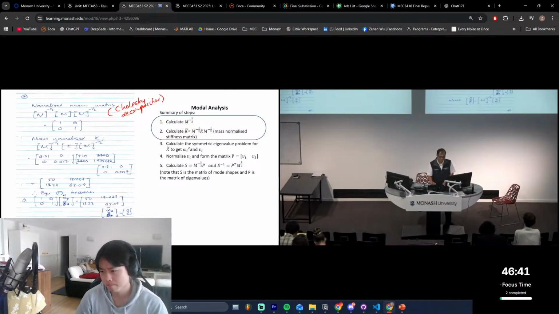Now, this also requires us to calculate the mass normalized stiffness matrix, which I have here.